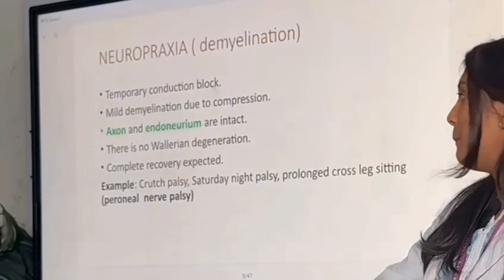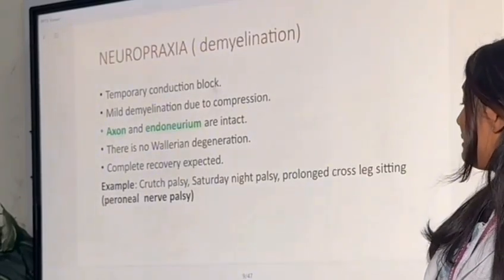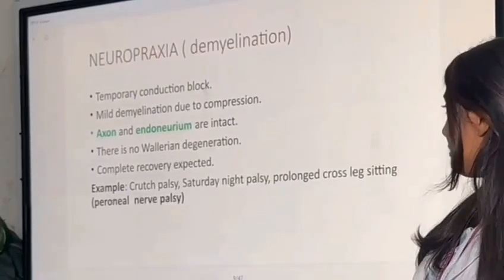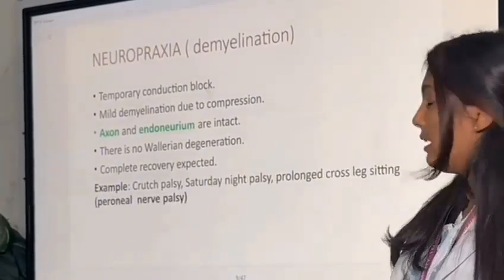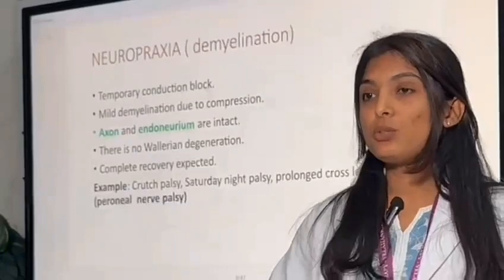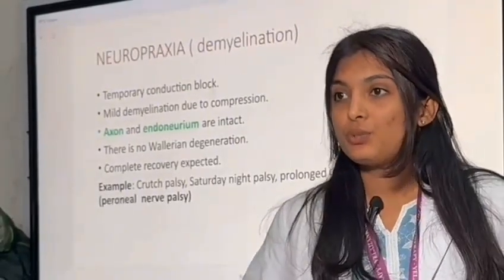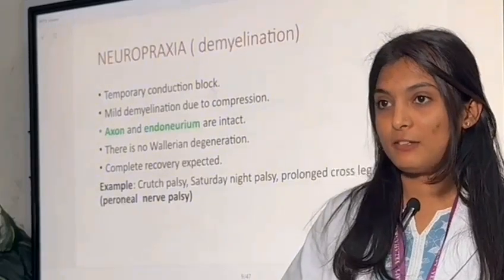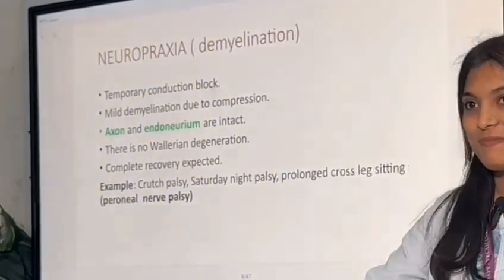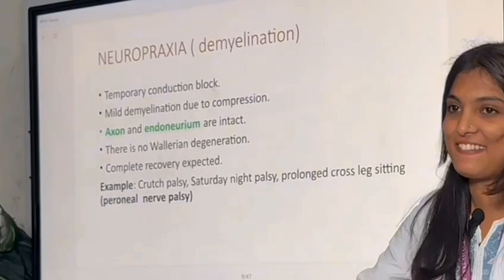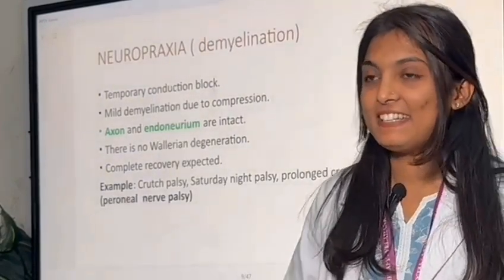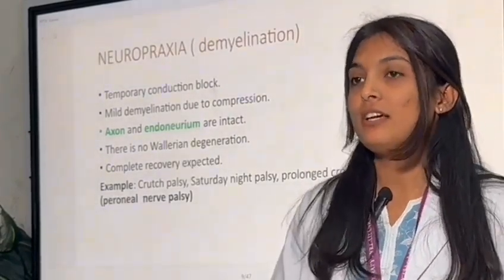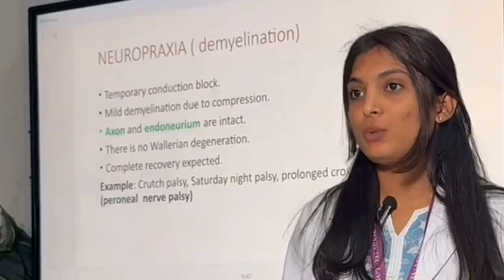For example, crutch palsy, Saturday night palsy, or cross leg sitting can cause palsy. Crutch palsy, that is incorrect use of the crutch, can cause damage to which nerve? Incorrect use of the crutch can cause damage to the radial nerve and can lead to temporary wrist drop.